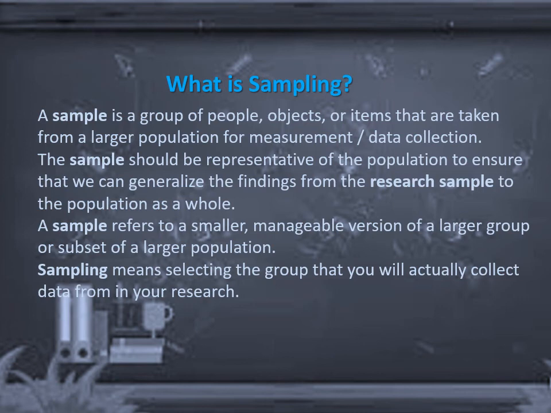A sample is a group of people, objects, or items that are taken from a larger population for measurement or data collection. The sample should be representative of the population to ensure that we can generalize the findings from the research sample to the population as a whole.